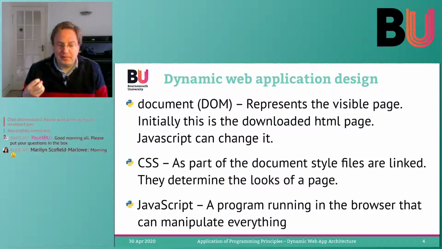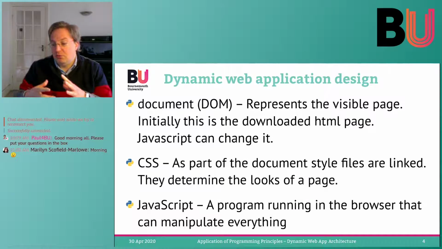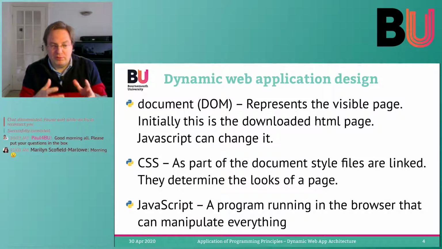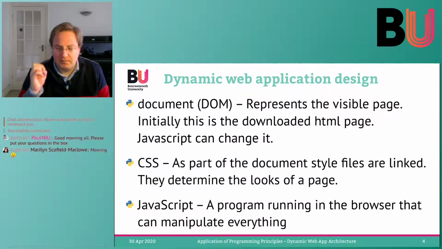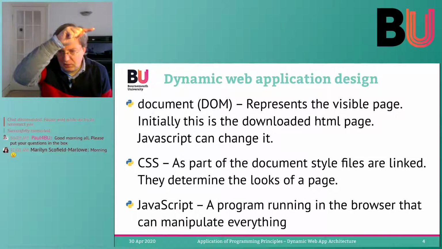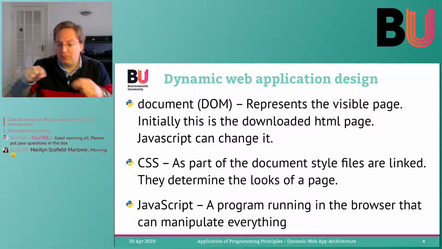It does this by manipulating the document object, which is according to a standard called the document object model. So there's a standard document object that gives you the web page in JavaScript that you can manipulate however you want. And if you look at your browser's developer inspection tool, it will display the current DOM. What is important to think about here is that your browser receives the web resource.